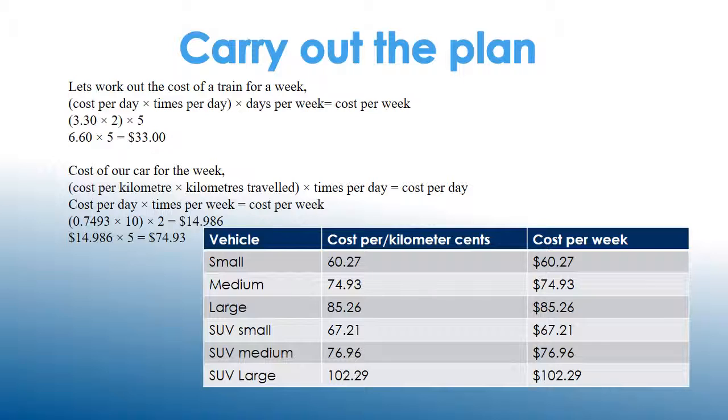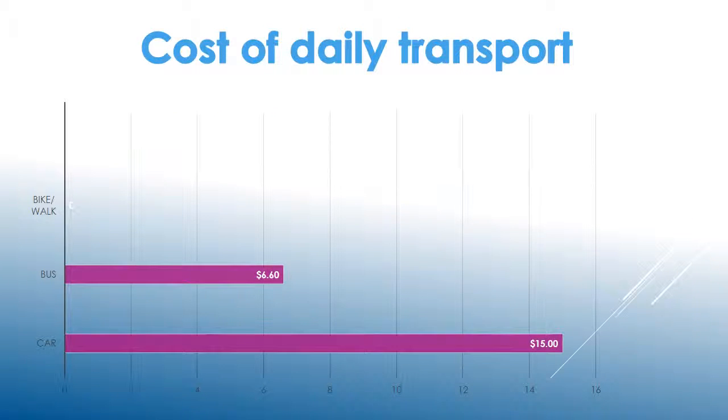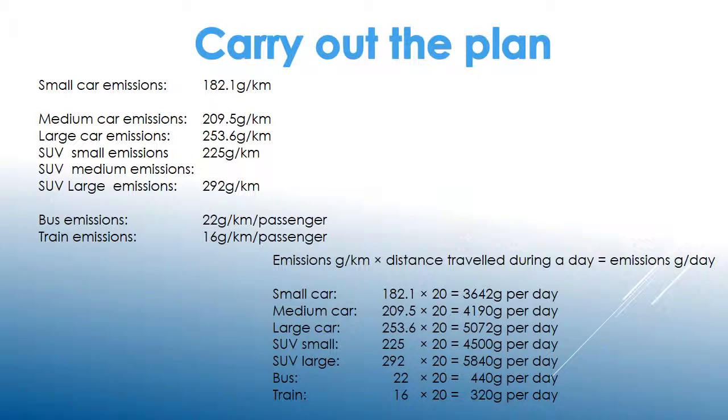So times that by 5 we get 74.93, minus our $33 is $41.93 different per week if we were to catch public transport. Now this is a graph that shows the difference in cost per day to a medium-sized car. As we said before, it was $15 a day for a car and $6.60 for a bus. And if we walk to school, it was free.